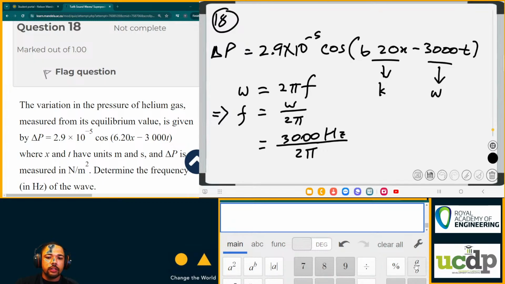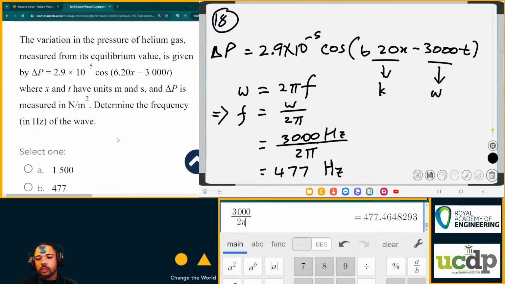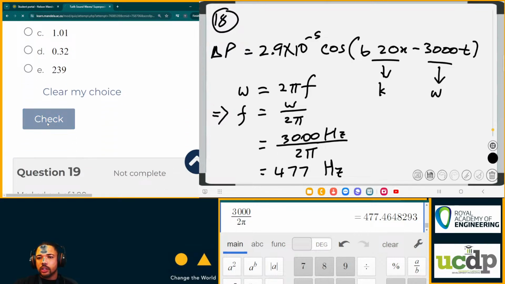The angular frequency, 3000 rads per second, divided by 2 pi gives us 477 hertz. Let's see if we have an answer. Yes, there we have 477 hertz as the answer.